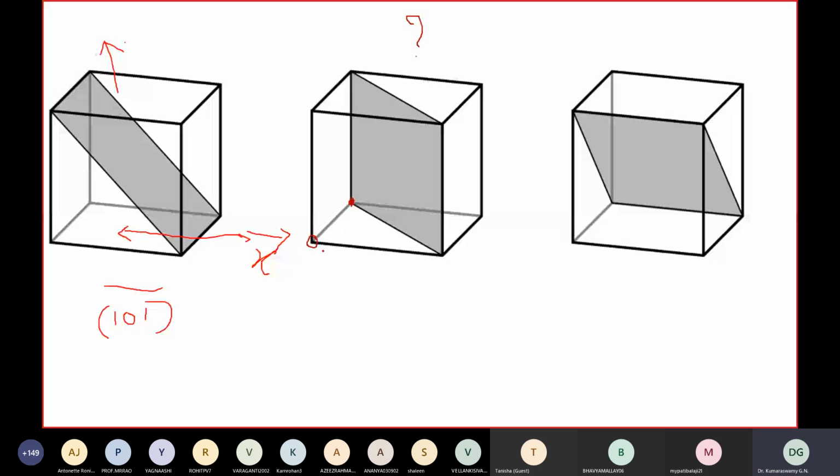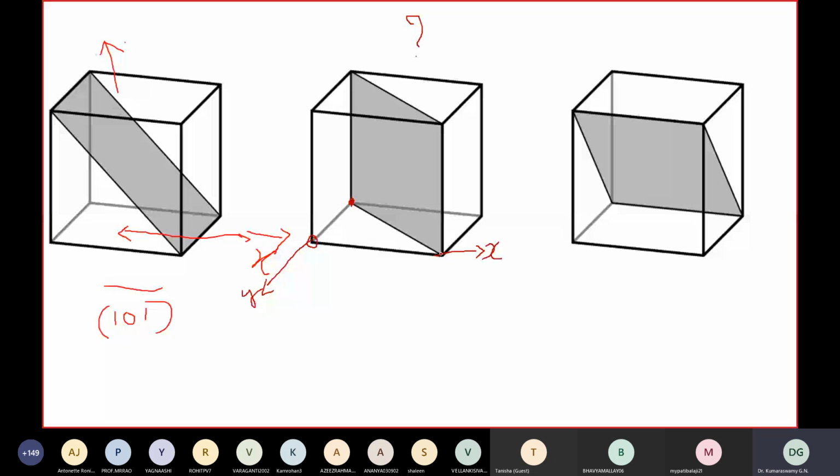If the origin is here, this direction, let's call it as X or Y? It's X. In the previous diagram, it was Y. Here we'll take it as X. So this we'll call as Y. So this particular plane cuts or intercepts X at 1A.